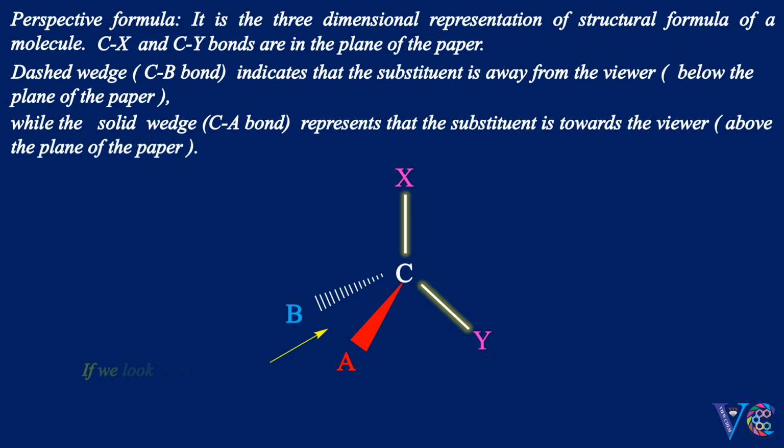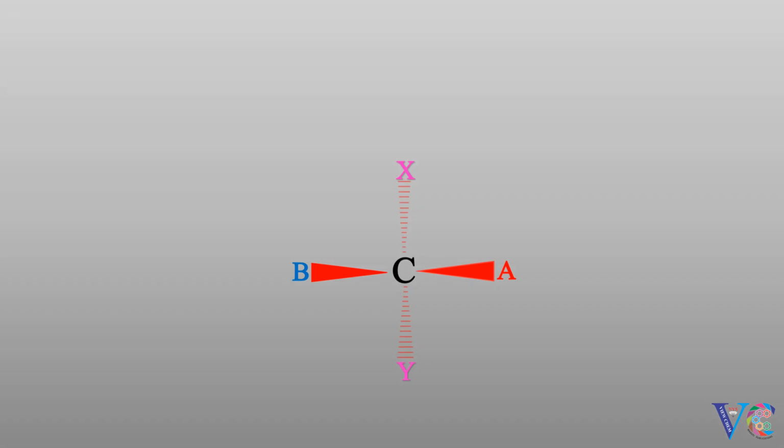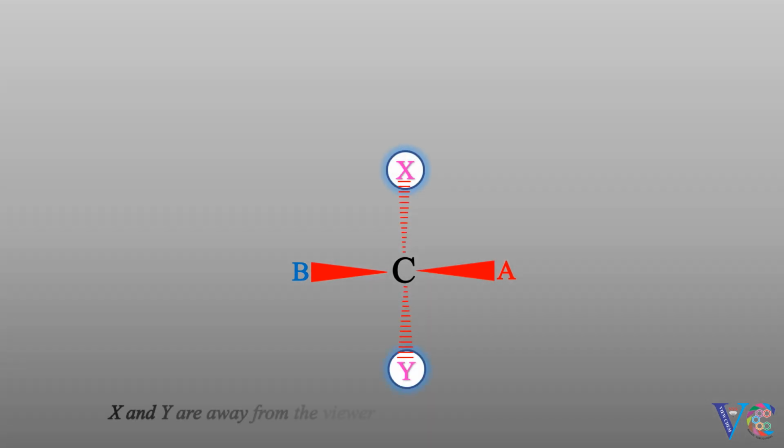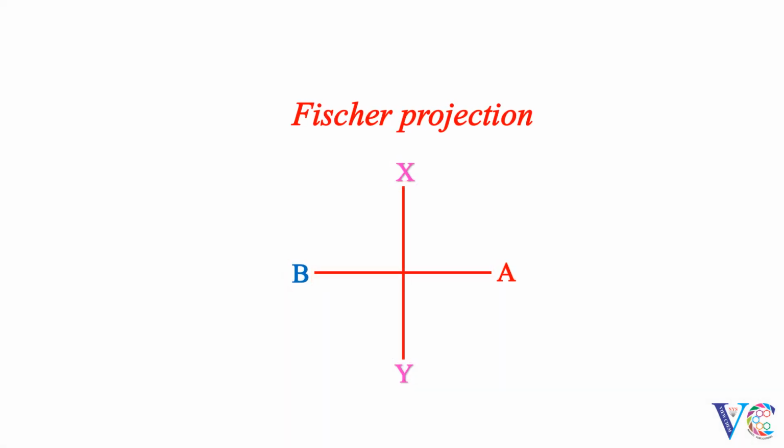If we look from this angle, the molecule appears as X and Y are away from the viewer, while A and B are towards the viewer. Fischer projection.